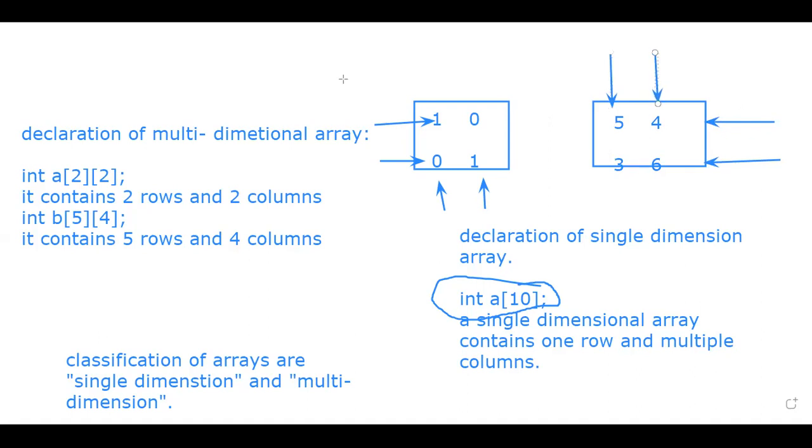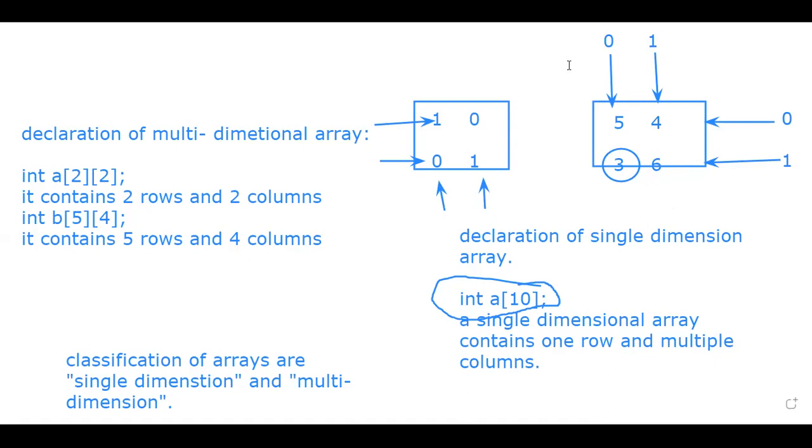If you want to know the exact position of an element, how can you specify it? First, you have to see the row number, then the column number. Here the element is in the first row and 0th column.